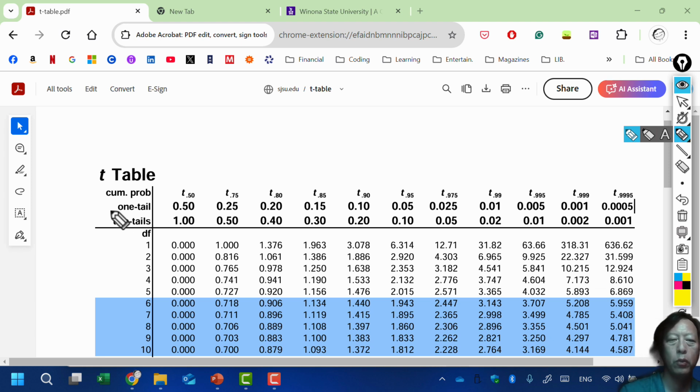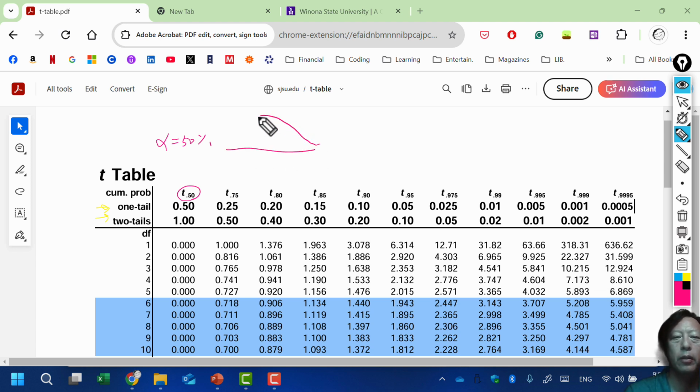As you can see, this is one tail and two tail, right? Okay, this is 50%. This is when alpha is 50%. One tail is 50%, so the other is also 50%. That's why you can see here 90%.